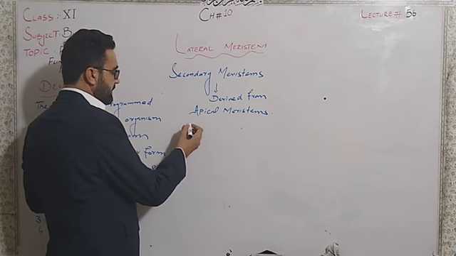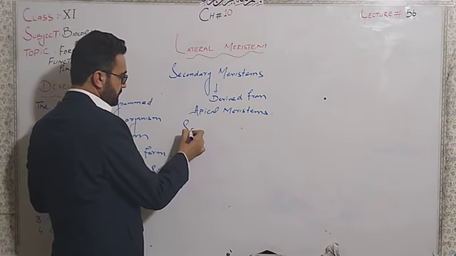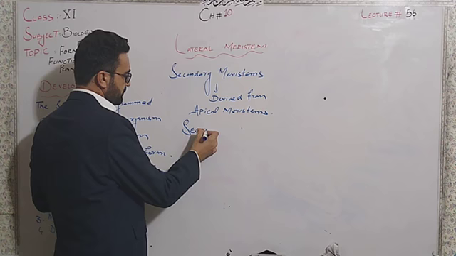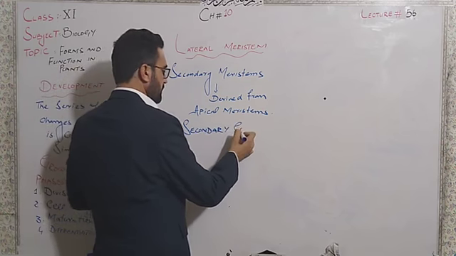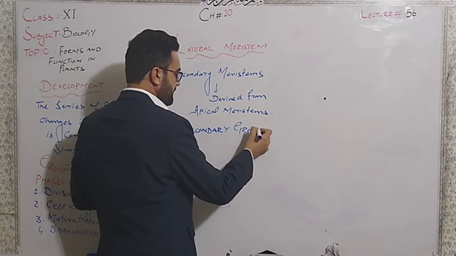That's why they are called secondary, and they bring secondary growth, meaning increase in width.